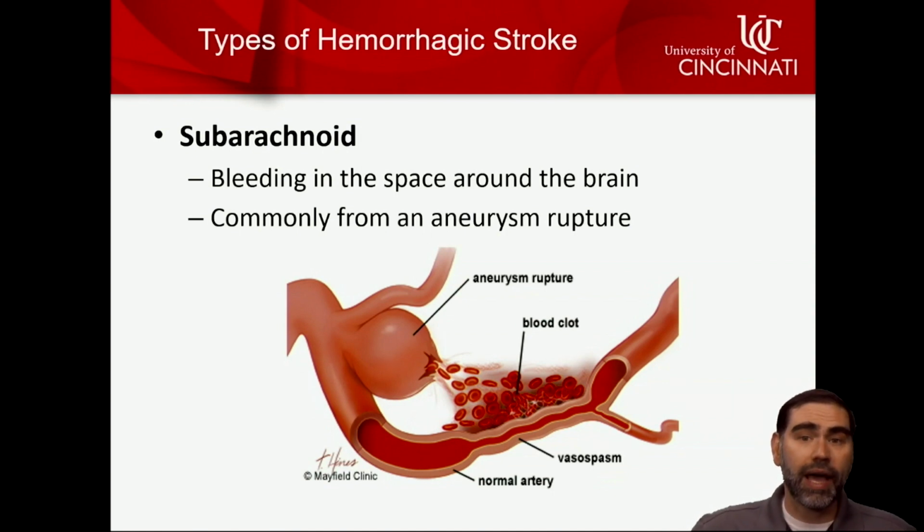Now, what typically happens is that you get what's called a sentinel bleed, a little bit of a warning bleed, and so some blood is released, and that blood hits that arachnoid mater surrounding the brain. Again, lots of nerve endings there, and causes severe headache. If someone has this condition and they have a sentinel bleed, we like to recognize that early, because the initial rupture of the aneurysm can actually be contained.